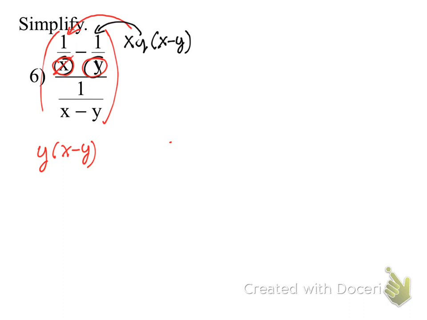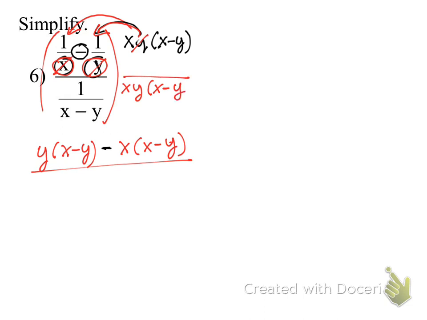When I distribute here, I end up with a minus sign from right here, and what cancels is the y, and I'm left with x times x minus y. In the denominator, right? When I distribute here, the x minus y cancels, and we're left with xy. Can I factor yet?